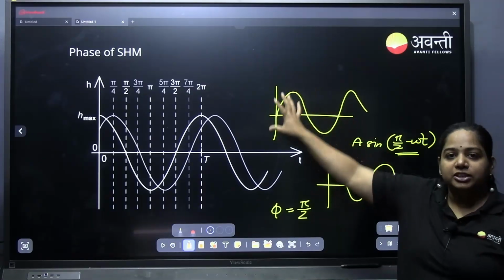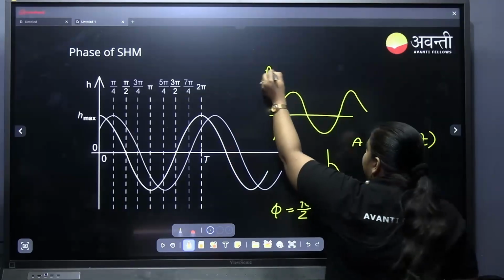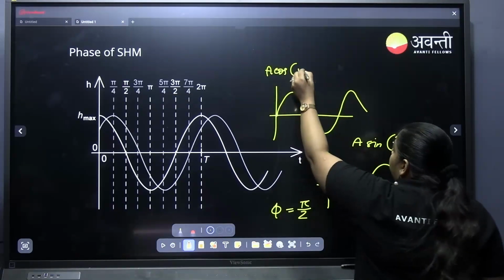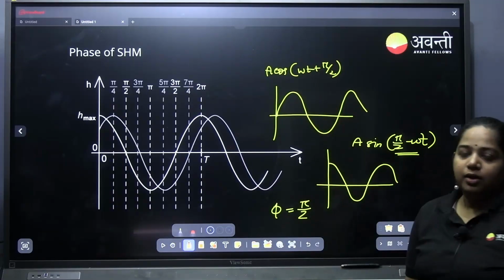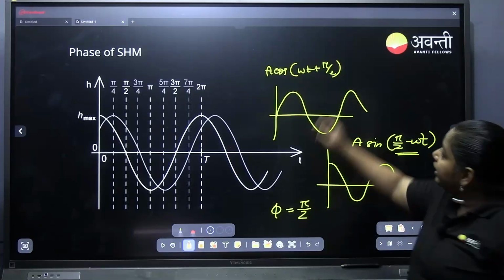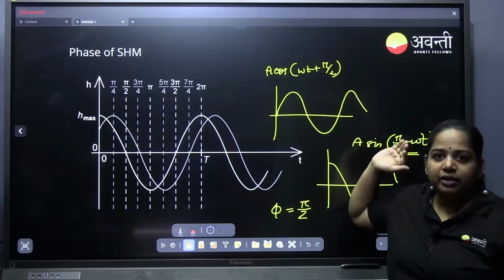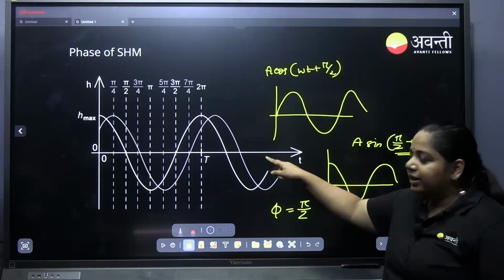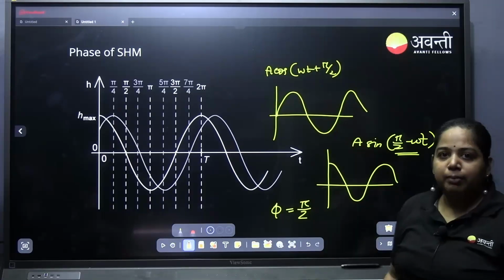Next, for example, if this one you want to express in terms of cos, this will be a cos(omega t plus pi by 2). Then in this, pi by 2 is again the phase of the oscillation. Here it is easy to find because it is either at maximum or at minimum.